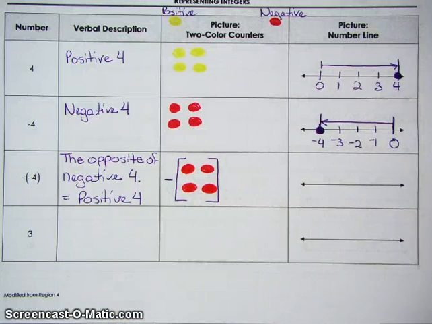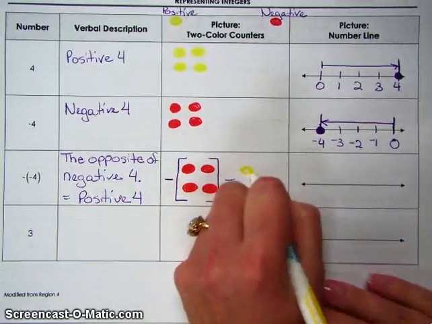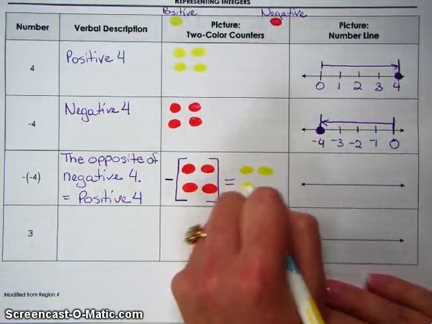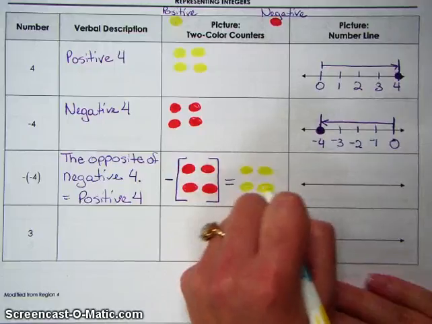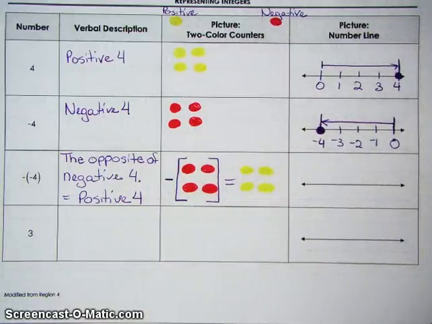Then we're going to write an equal sign next to that, and the opposite of a negative is a positive. 1, 2, 3, 4.